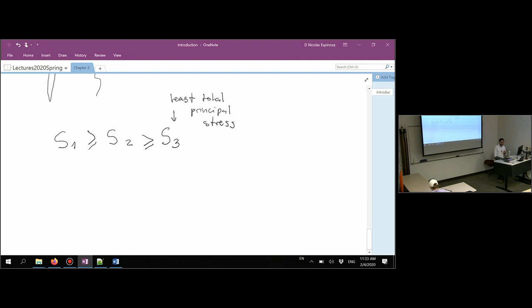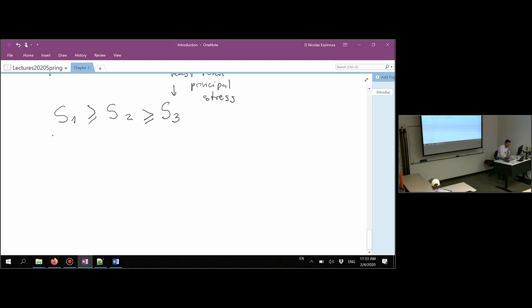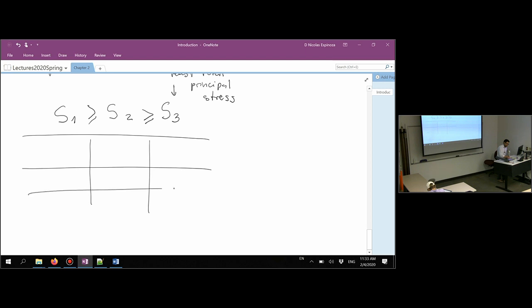And because we have three types of stresses, vertical, maximum horizontal, and minimum horizontal, we are also going to have three combinations of how those order.